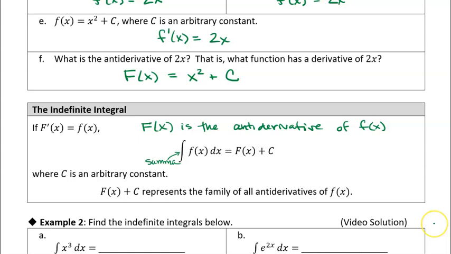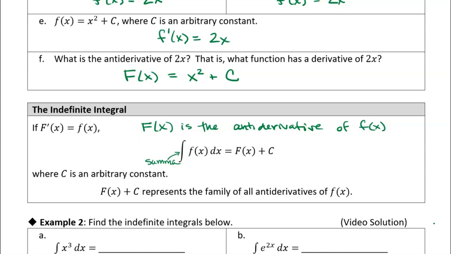We use the integral symbol, this summa, to indicate that we want to find the antiderivative of the function that follows. So we want to find the antiderivative of this lowercase f of x.